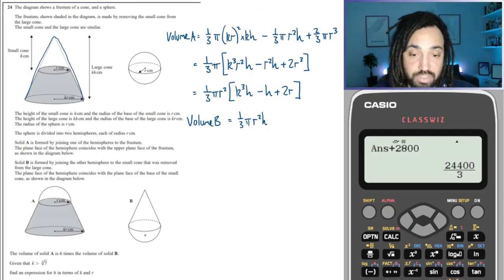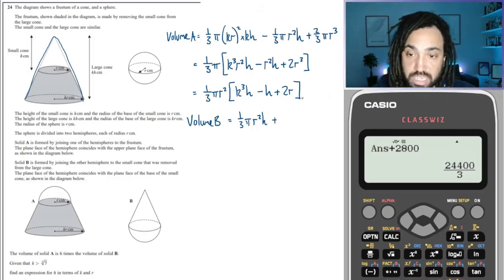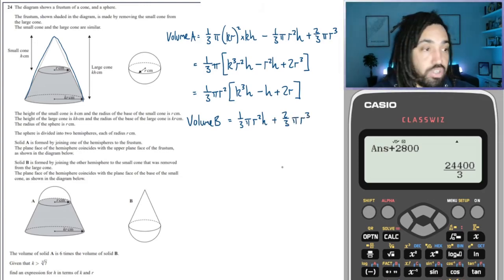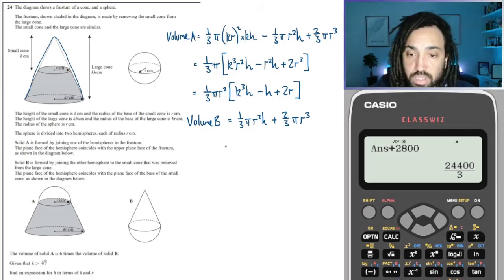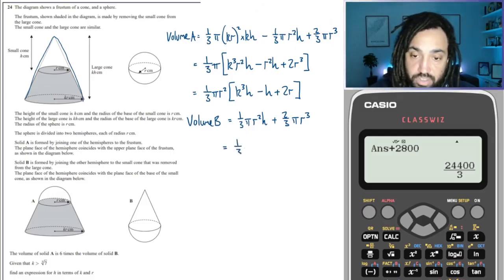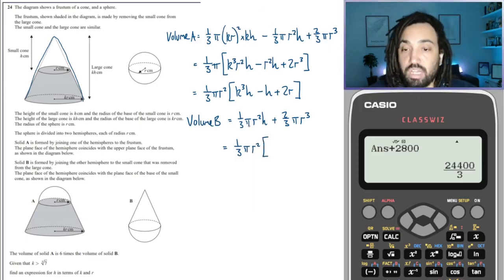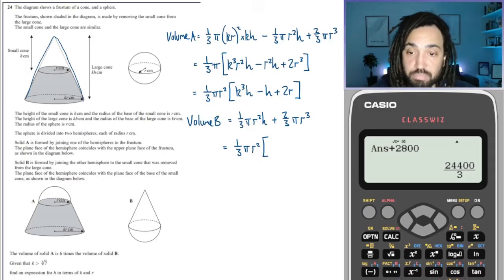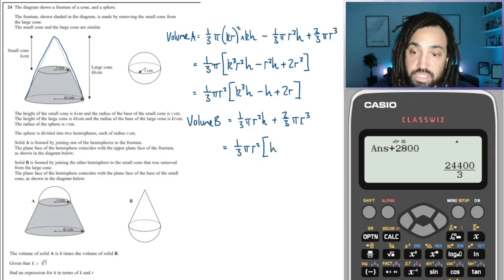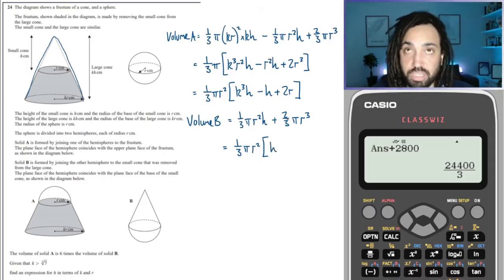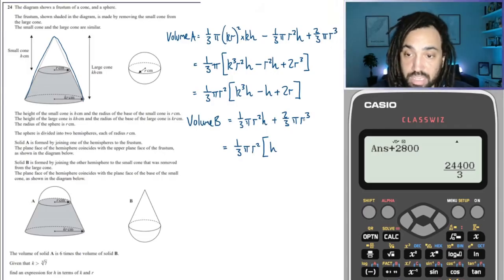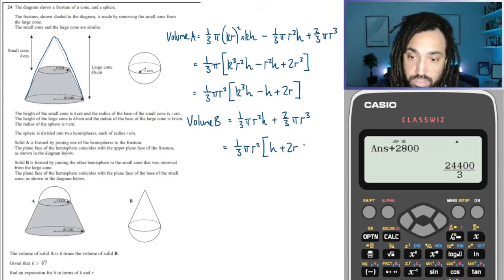And we've also got the hemisphere on the bottom as well, which, again, just like this hemisphere here, was just 2/3 pi r cubed. So I can also take out a third pi r squared out of this volume. So from this term, if I take out a third pi r squared, I'm left with just h. And this one, if I take out a third pi r squared, I'm left with the 2 and an r. So 2r.